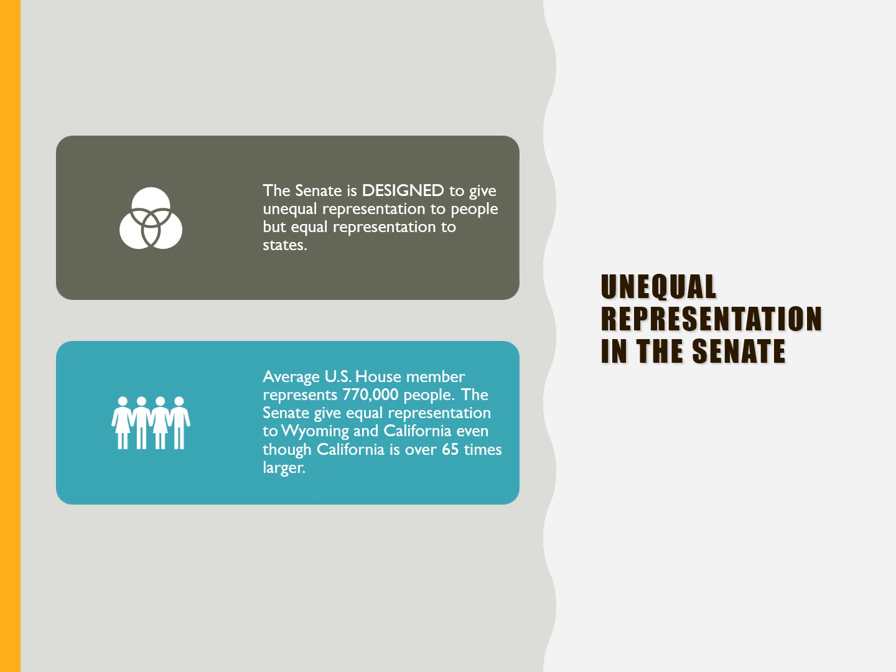Now, it's 770,000 people on average for each U.S. House of Representatives member. But in the Senate, you'll see representation vary greatly. For instance, California has the same number of representatives as Wyoming, even though California has many times more people than Wyoming does.